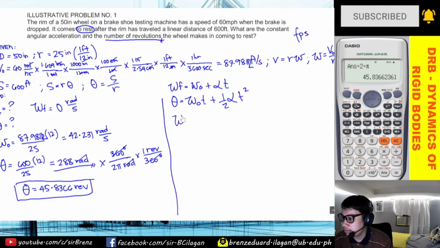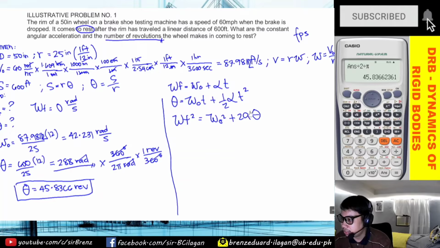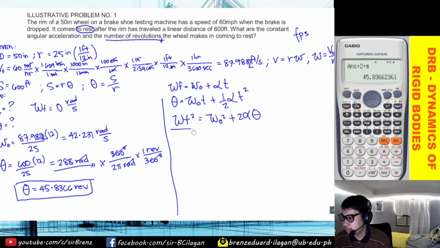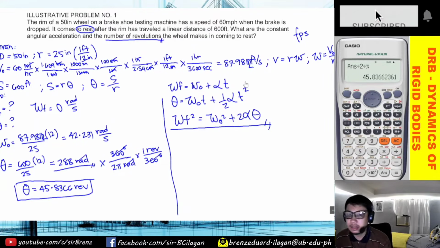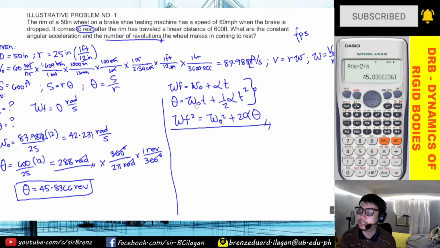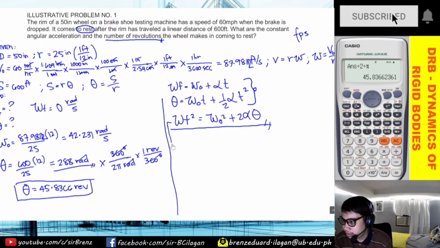And yung pangatlo, final velocity squared is equals to initial velocity squared plus 2 alpha theta. Okay, pili ka within these 3 equations kung alin yung pinakamagandang gamitin. I think itong huli yung pinaka-applicable. Or kung gusto mo, kagaya ng ginagawa natin sa rectilinear translation, combination nitong dalawa. Hanapin mo yung t, and then once na nakuha mo yung t, substitute mo doon sa isang equation. Pero i-shortcut na natin, since alam ko naman kayang-kaya nyo nang gawin to. So, ito na lang yung gamitin natin, guys.